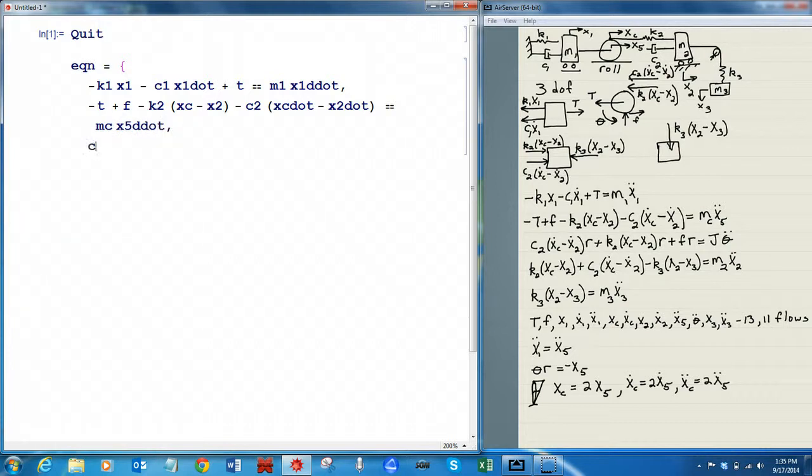Third equation, c2 times xc dot minus x2 dot times r. I'm going to continue to type these in. I'll pause the recording while I do that.